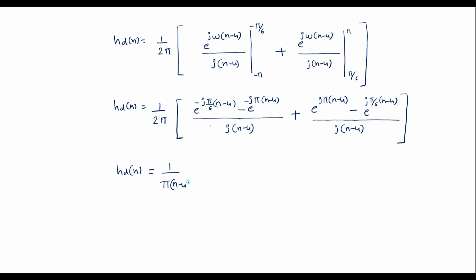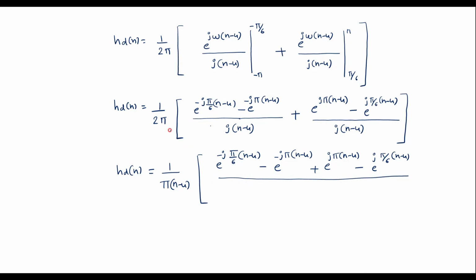On the numerator we have e power minus j pi by 6 times n minus 4 minus e power minus j pi times n minus 4 plus e power j pi times n minus 4 minus e power j pi by 6 times n minus 4, whole divided by 2j.